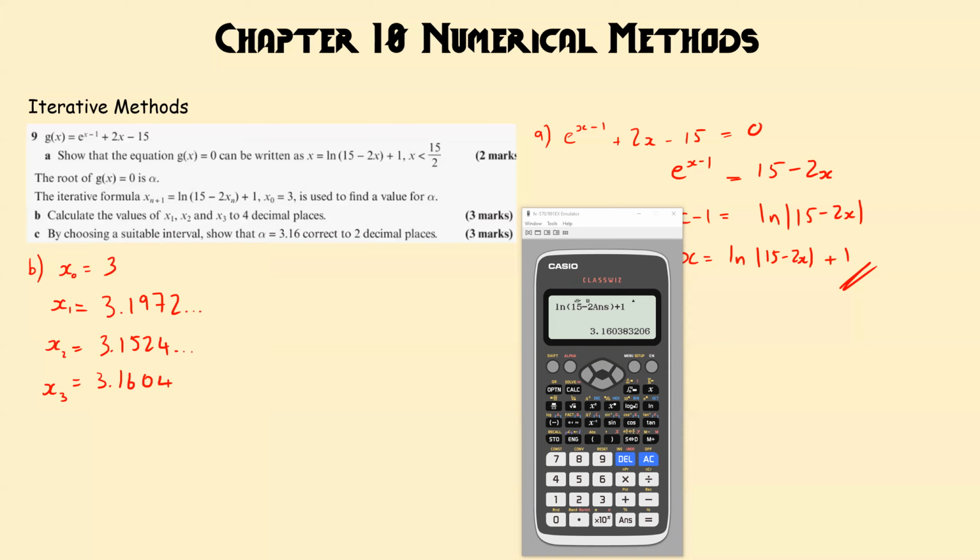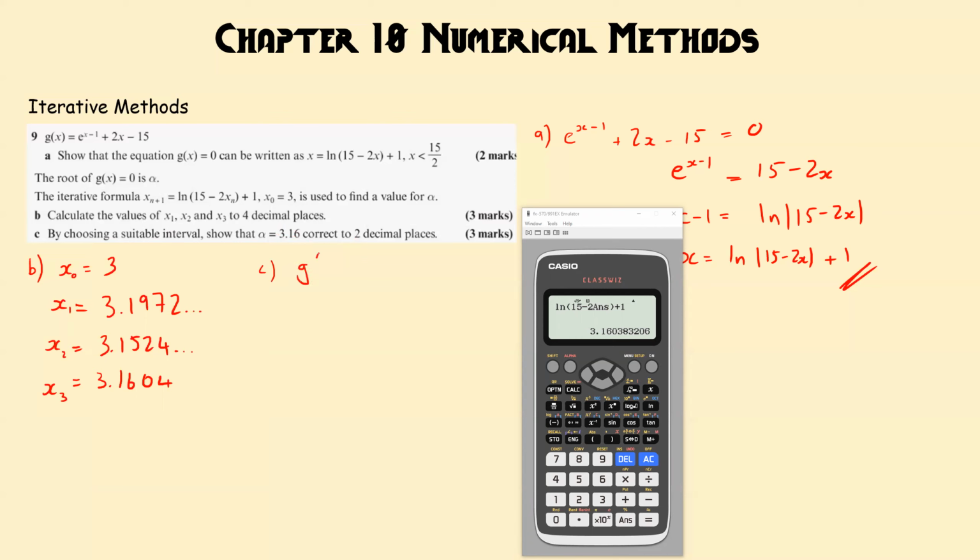This looks to me like it's a cobweb from those values, but it doesn't really matter where we're at as long as we're getting close to that kind of value. And it says by choosing a suitable interval, show that alpha is 3.16 to 2dp. So for part C, because you know that you want alpha to be 3.16 to 2dp, let's take the upper and lower bound of that as our interval.